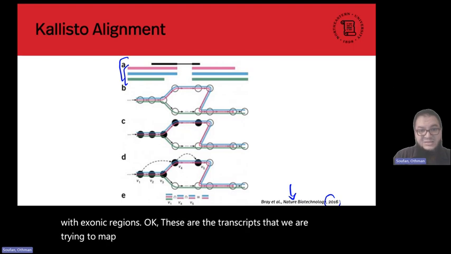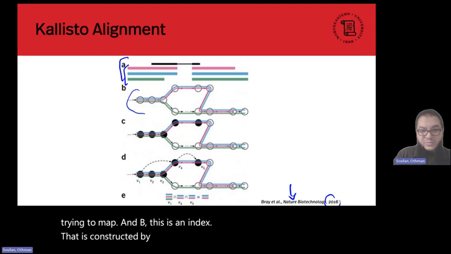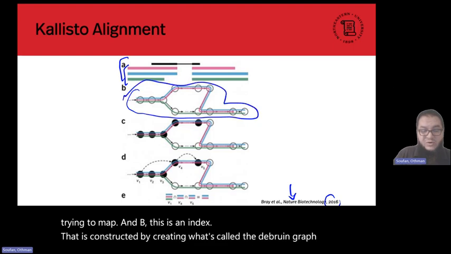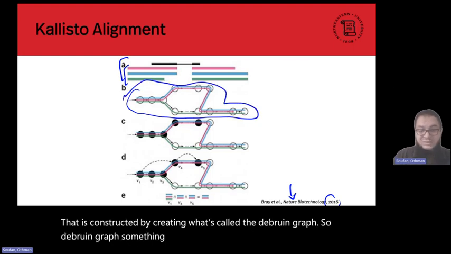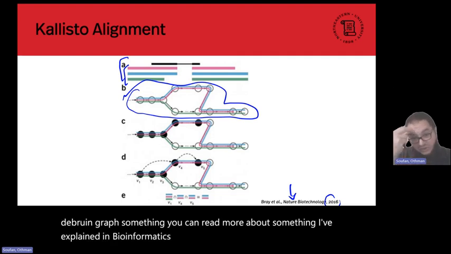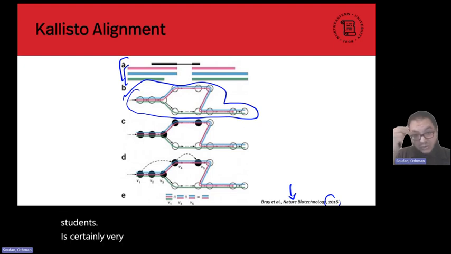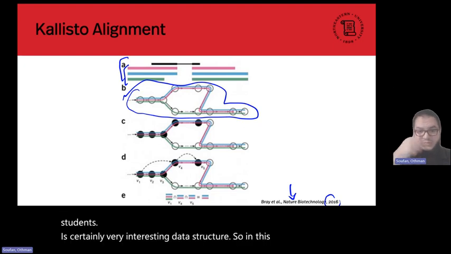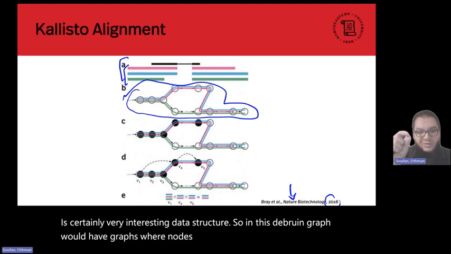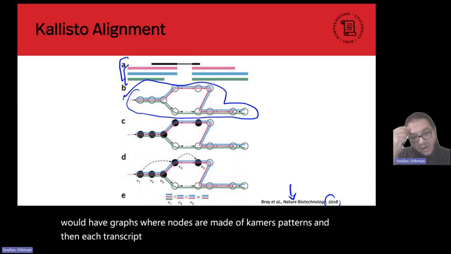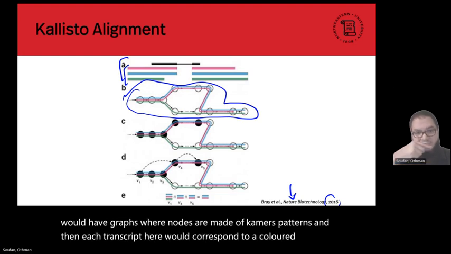And B, this is an index that is constructed by creating what's called a de Bruijn graph. De Bruijn graph is something you can read more about, something I would explain in a bioinformatics course for computer science students, and it is certainly a very interesting data structure. So in this de Bruijn graph, we'll have graphs where nodes are made of k-mers, patterns, and each transcript here would correspond to a colored path.